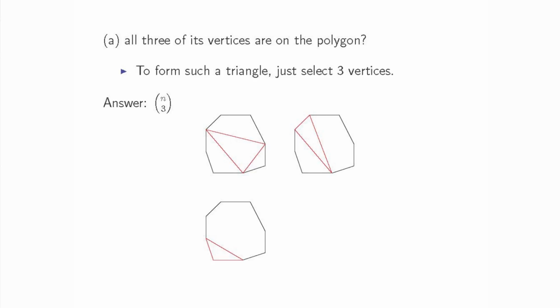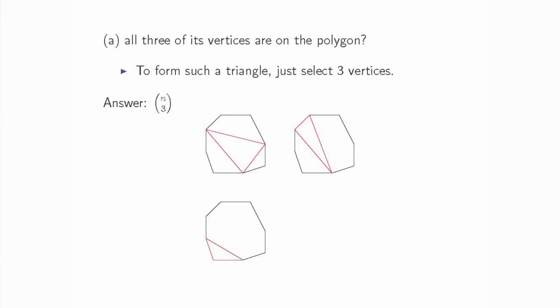To form this kind of triangle, we only have to choose 3 vertices from the polygon.